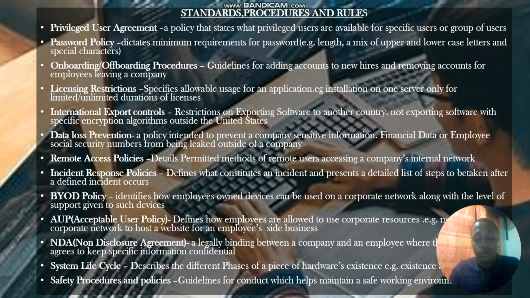There's what we call onboarding and offboarding procedures, and these are the guidelines for adding user accounts for new hires and removing user accounts for employees leaving a company. So whenever an employee joins your network, there are procedures they're supposed to follow to get a new account, and when they are leaving that company, there are procedures to ensure that the account is deleted and is no longer functional. There's what we call the licensing restrictions. This specifies allowable usage for an application.